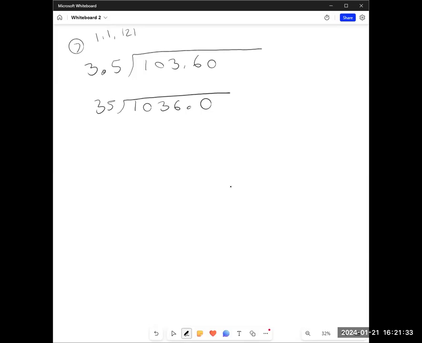So 35 into 103 is not quite 3 times, it's only 2 times, I believe. Yes, there's a remainder of 33, and then 336 is going to be, let's try 9. 45, 27, and 4 is 31.